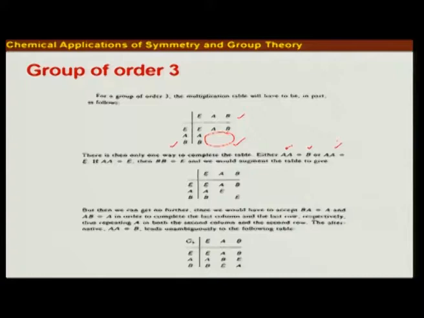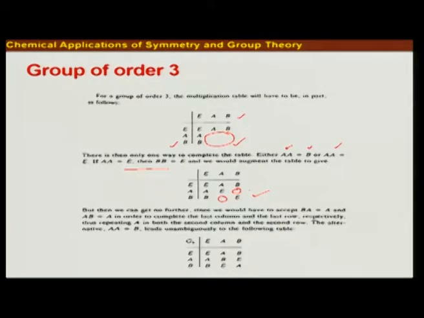That's implied, and if we follow this argument, we get up to this, where I have AA equals E and BB equals E. Then I have to fill up this part. For these two elements we are left with a choice, the two products BA and AB.